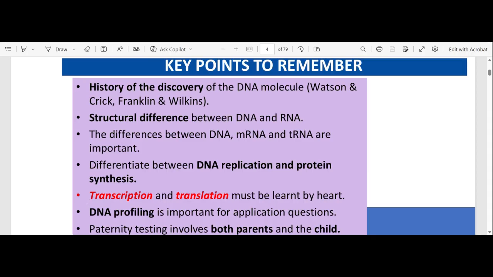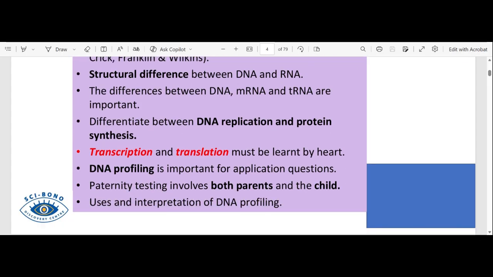Our fifth point is that you need to learn the processes by heart. For example, you need to learn transcription and translation by heart, and we're going to go through that.